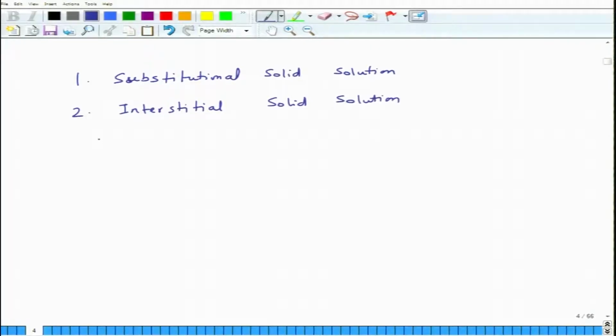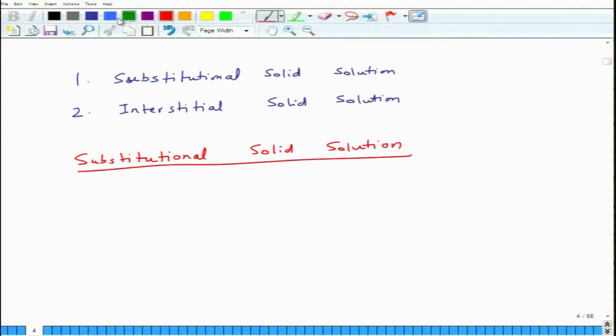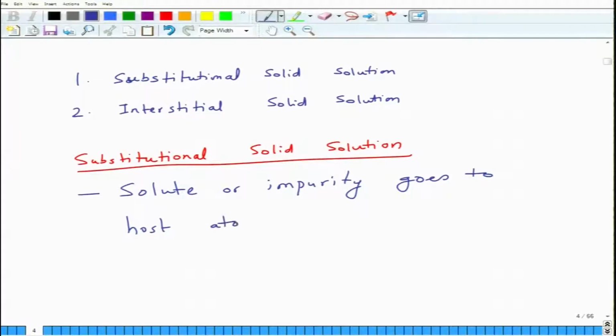Substitutional solid solution essentially means that the solute, or you can say impurity atom, goes to a host atom site.